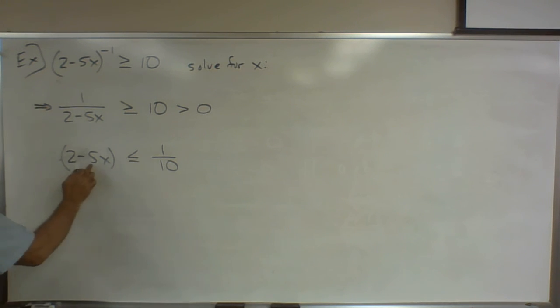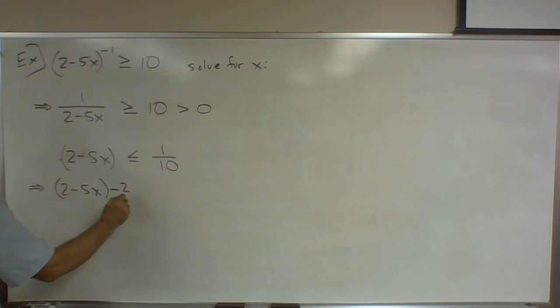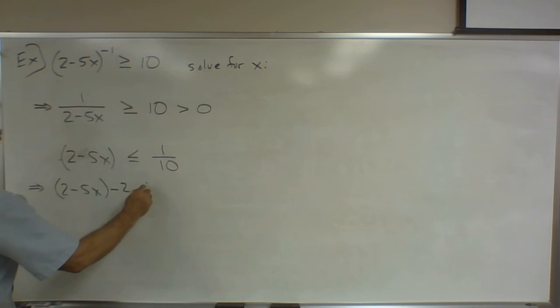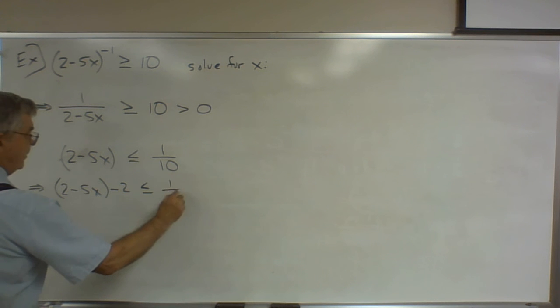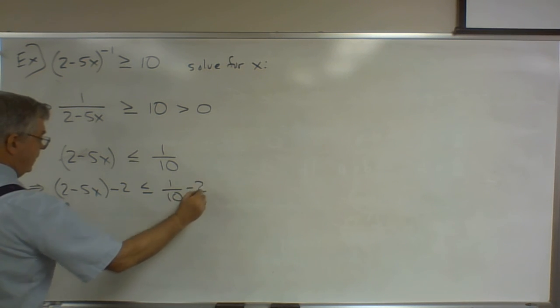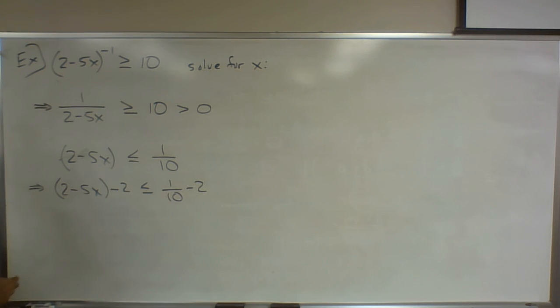And I'm looking for x, so I'll subtract 2 from both sides. 2 minus 2 is 0, so I have negative 5x.